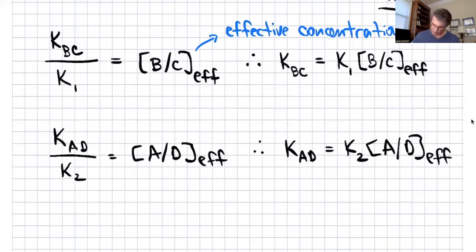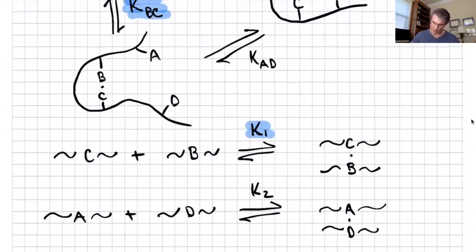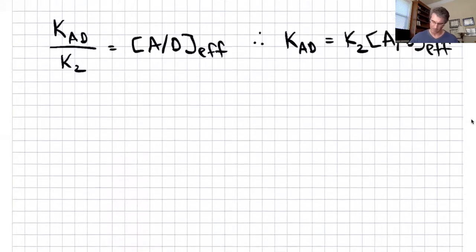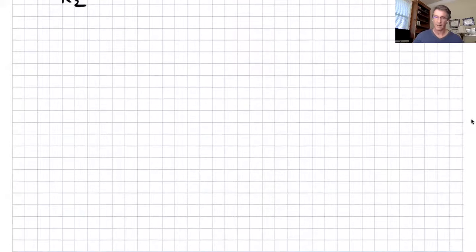So what does that mean? Well, if we go back to this overall scheme, it means we can define this total equilibrium constant here, and we can write down an expression that folds these other terms into it, right? And an interesting result drops out of that. So let's go back down here. I can write down an expression for K total, the equilibrium constant, which is just equal to the concentration of the product.